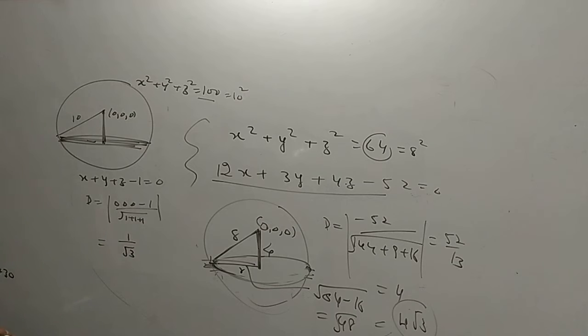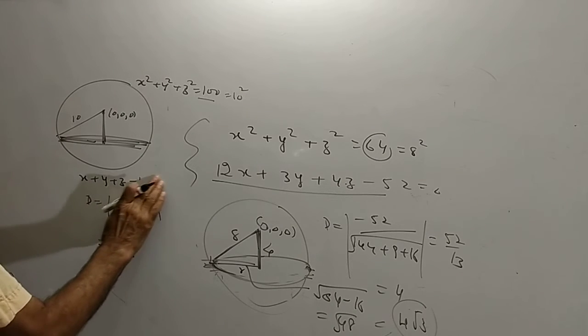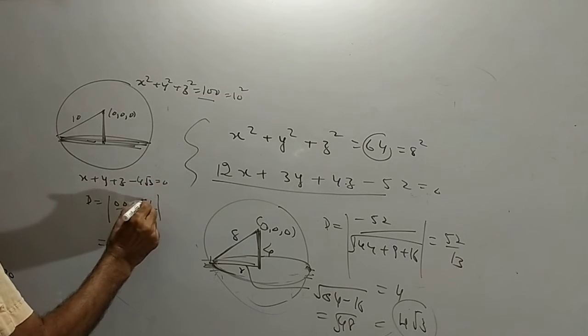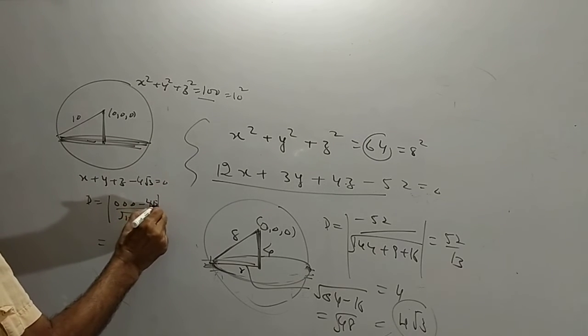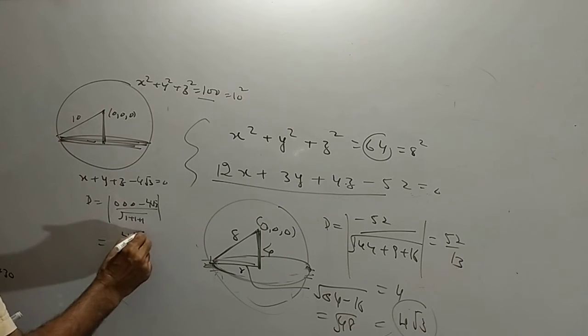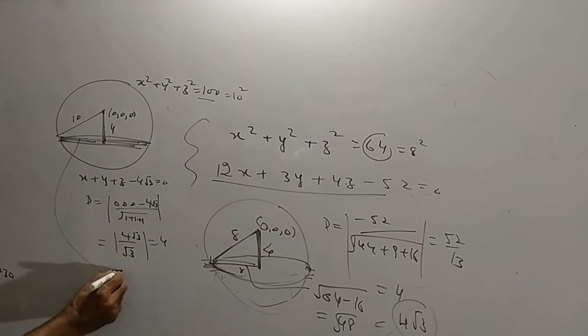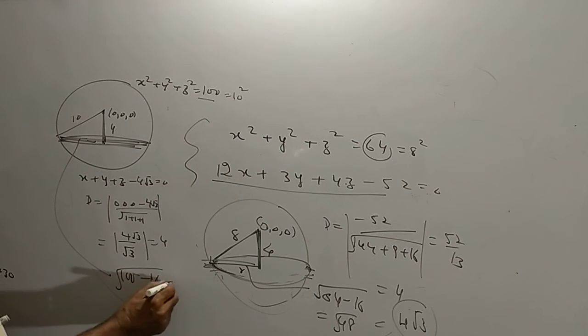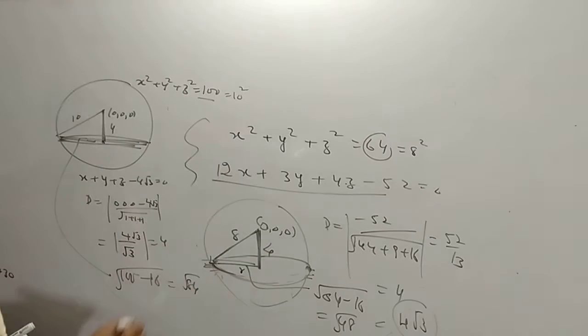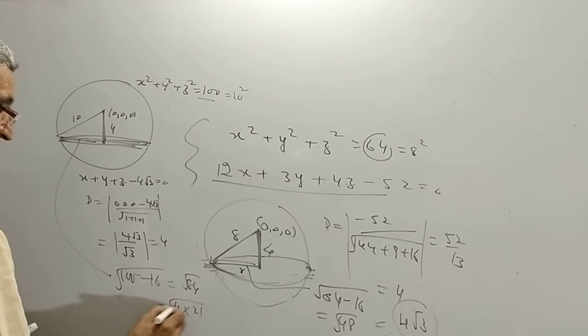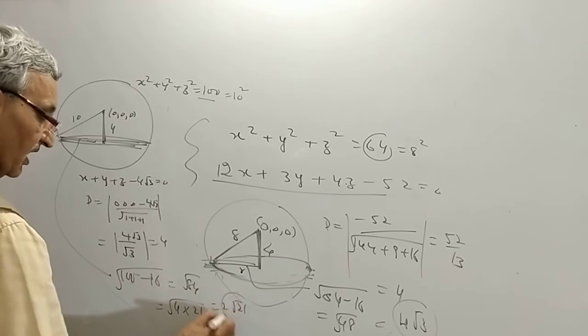So the radius is the square root of 100 minus 16, which is the square root of 84, equal to 2 root 21. That is the answer.